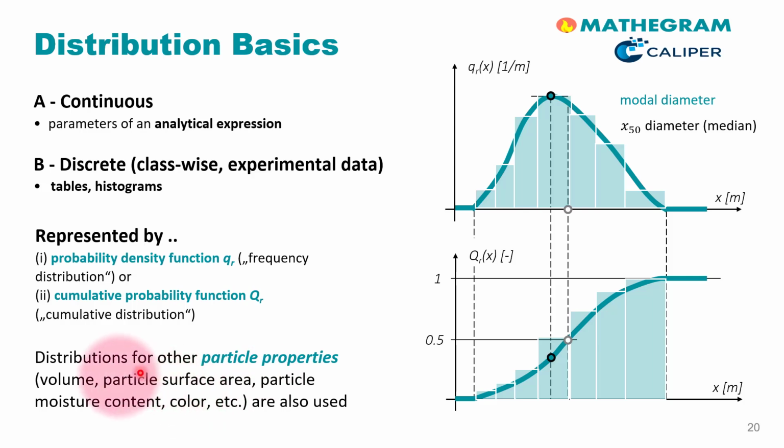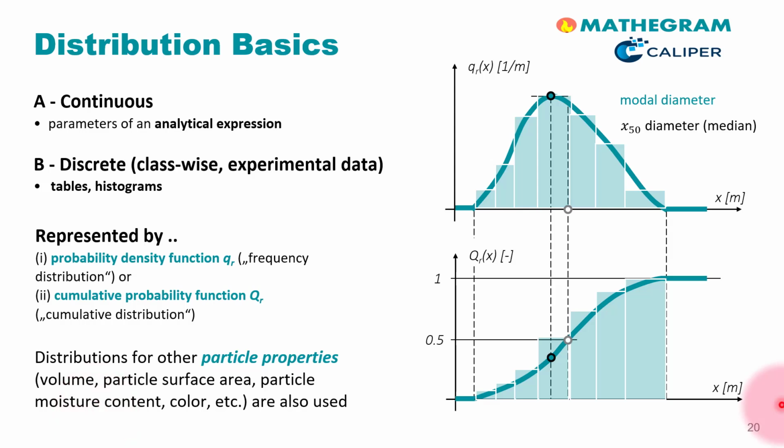Examples include the particle volume or the particle surface area, the moisture content, or the particle color. Researchers even study distributions of two particle properties, e.g. combined particle size and shape distributions. However, understanding these distributions is complex, and we will not touch on this further.